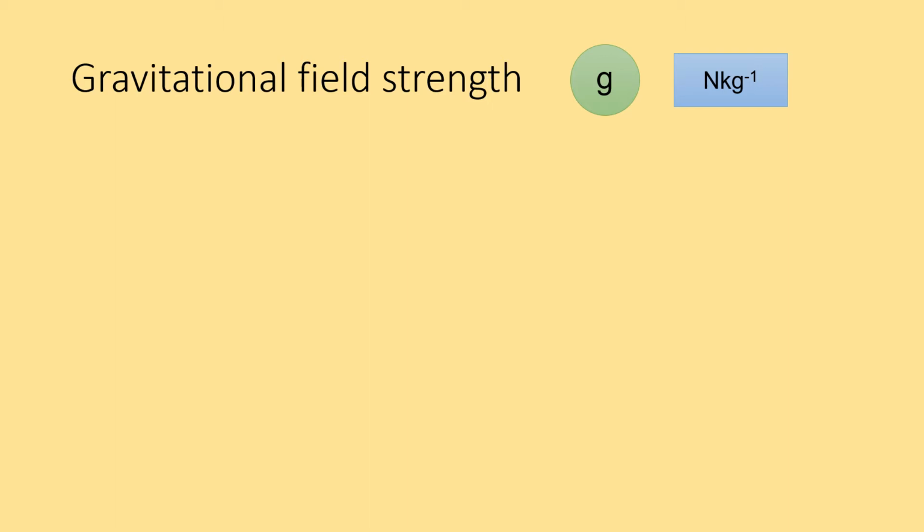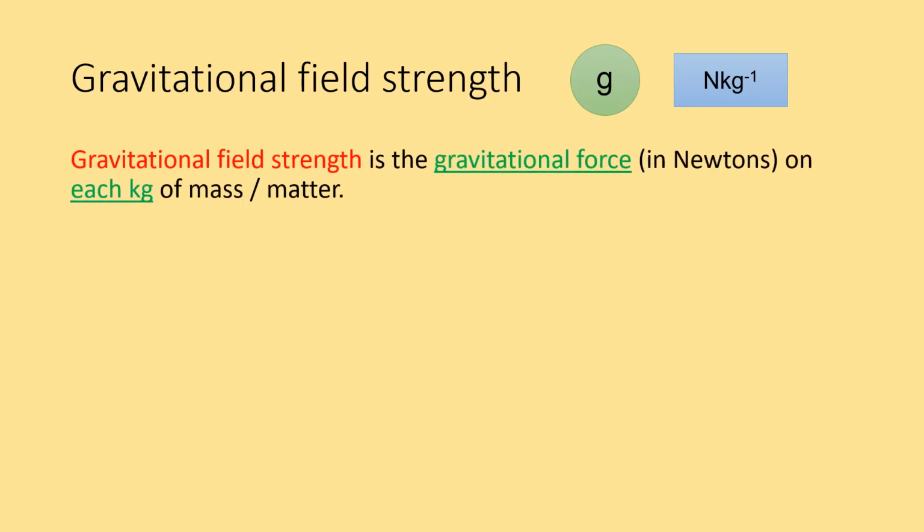Remember, we have a force due to gravity, which is our weight, and we have a mass of an object. So the gravitational field strength is given as the gravitational force per each kilogram of mass. Okay? So this is g equals F gravity over mass.